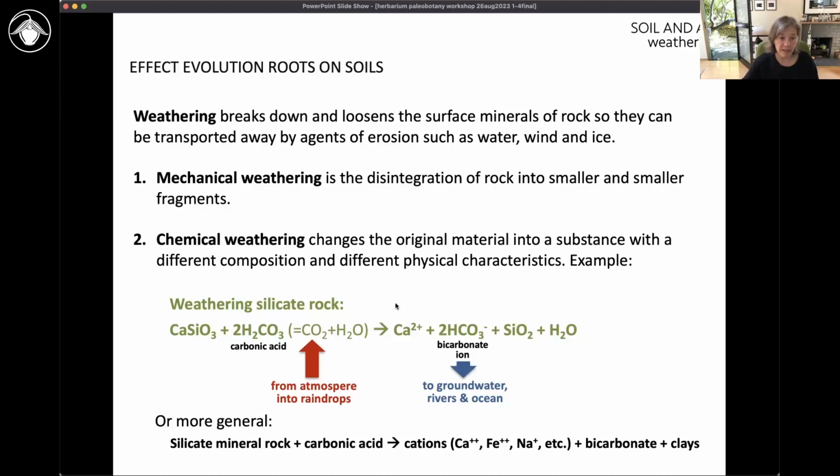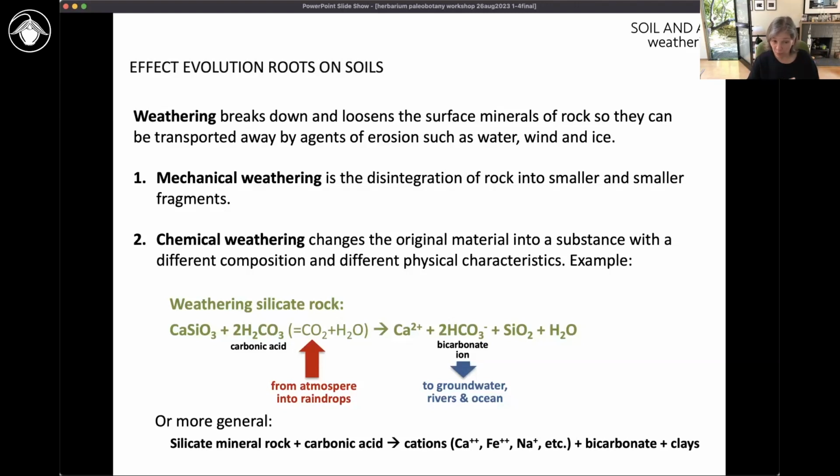What I haven't told you yet is that this is very interesting. It's CO2 that reacts with water that forms the carbonic acid, and that CO2 part in the left of the equation becomes an ion that dissolves in water and can be transported into the ocean.